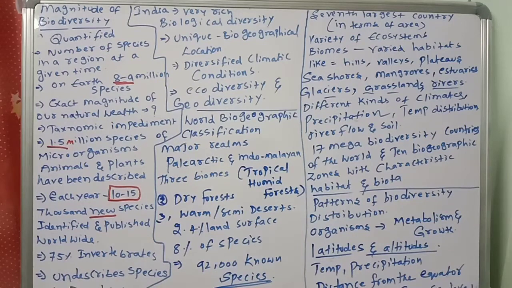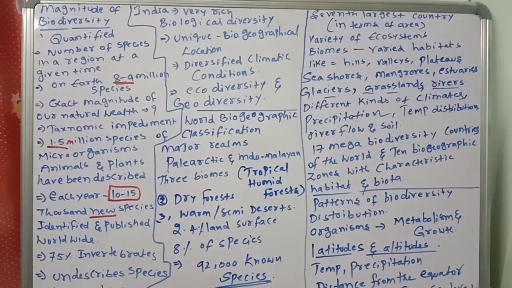This point also you should remember. Of these 10 to 15,000 new species, 75% are invertebrates. How many are invertebrates? 75%.